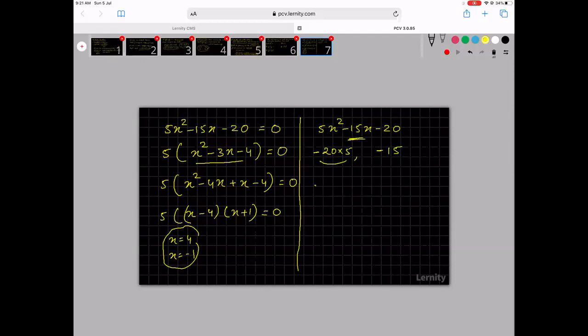So I split the middle term as 5x square minus 20x plus 5x minus 20. Then I took common and worked it. So I got 5x plus 5 into x minus 4. So 5x plus 5 is equal to 0 or x minus 4 is equal to 0. This will give me x is equal to minus 1, and this will give me x is equal to 4. So this is how I worked it out.